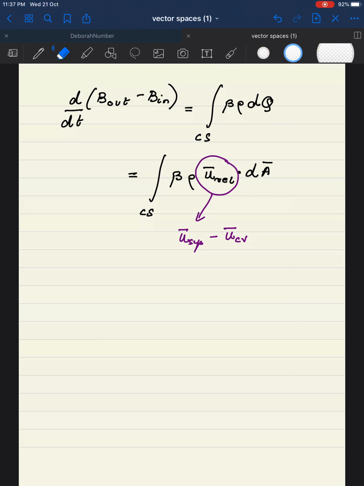This will be control surface. So this is the velocity of the fluid relative to the control volume. Obviously it makes sense, right? If your control surface itself is moving along with the fluid, then there would be no point in having a relative velocity.